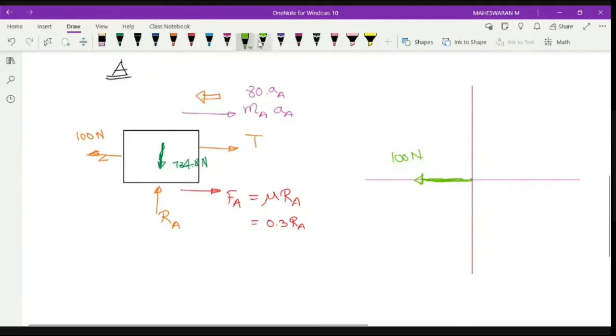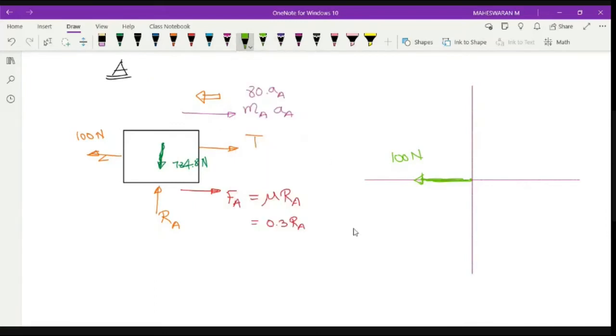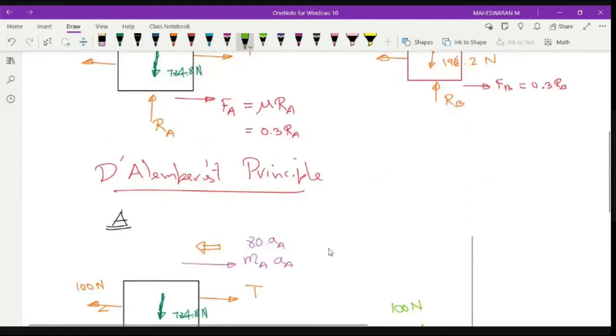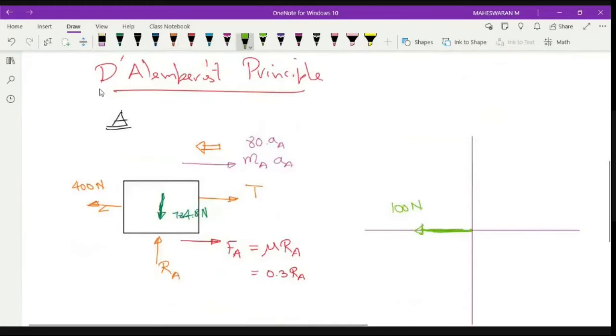Next, 400 Newton only, sir. Sorry, so it is 400. So you have one force here which is 400 Newton.